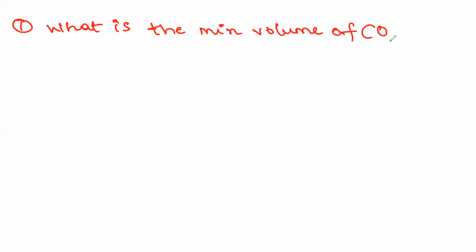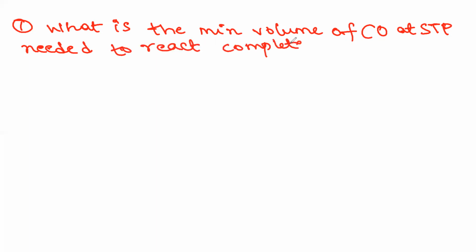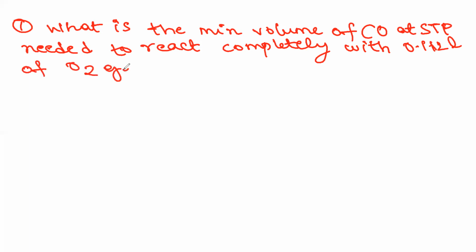Question number 1. What is the minimum volume of carbon monoxide, that is CO, at STP needed to react completely with 0.112 liters of oxygen gas at STP?